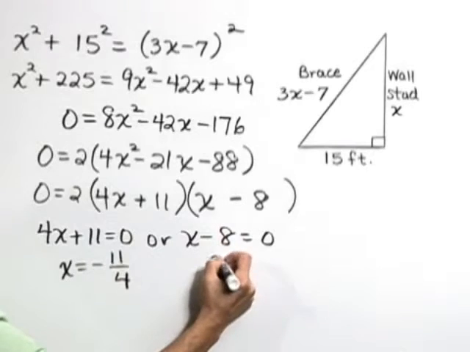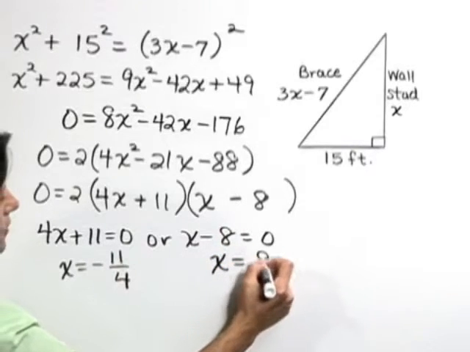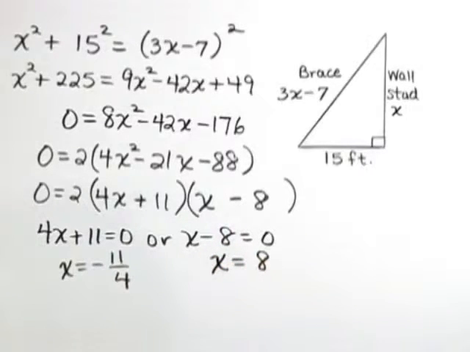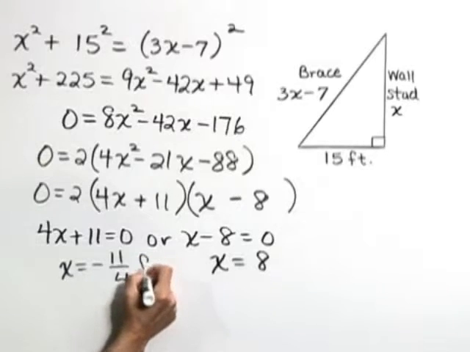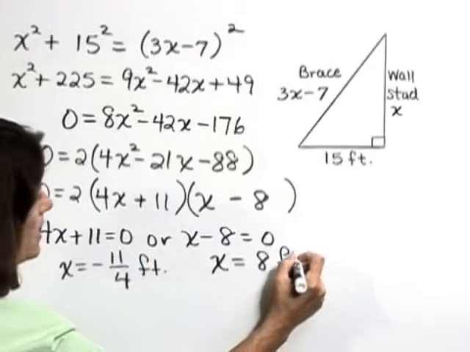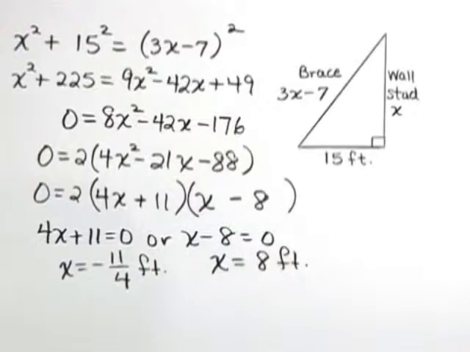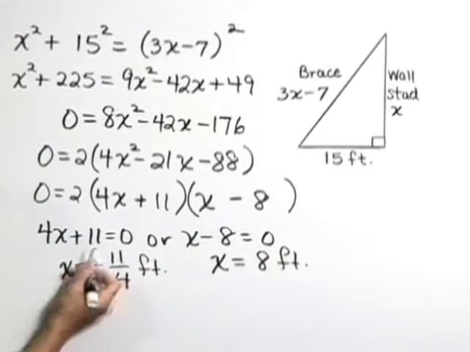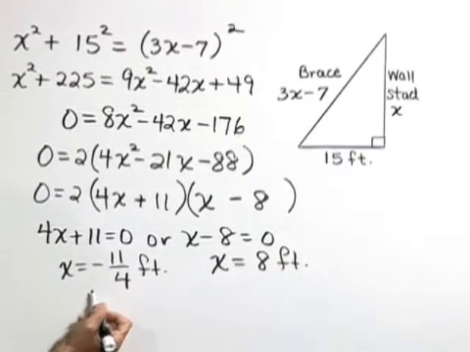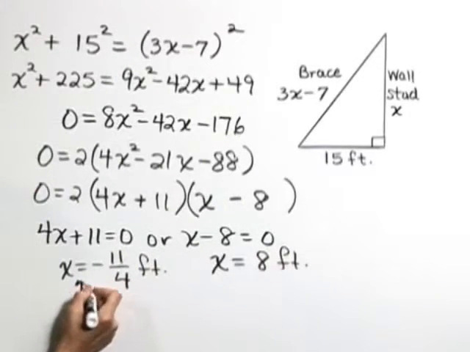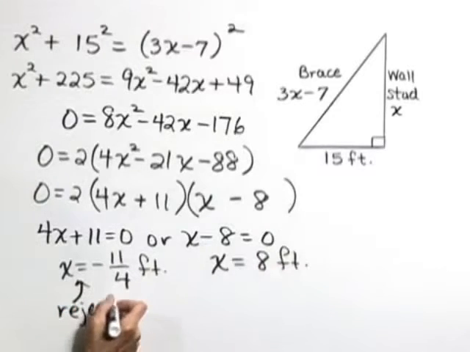With our second linear piece, we have x is equal to 8. Now these were lengths in feet, so let's go ahead and assign that unit now. And let's consider this first proposed solution, which is negative 11 fourths for the length of the wall stud. Well, that dimension is not going to be a negative value, so let's reject this solution right off the bat.